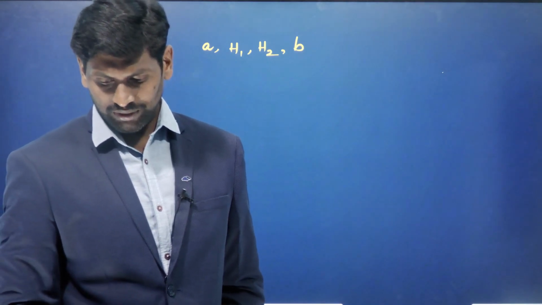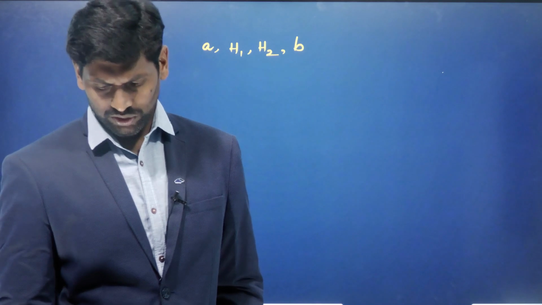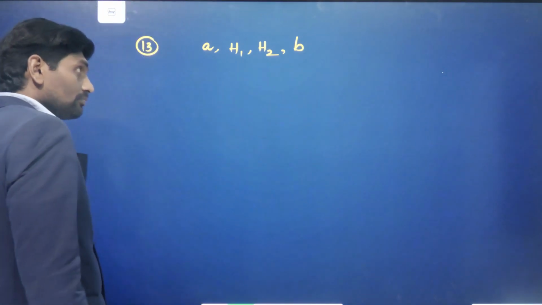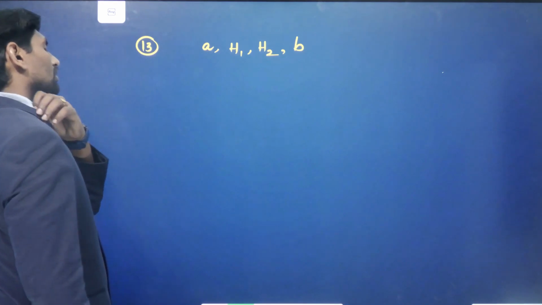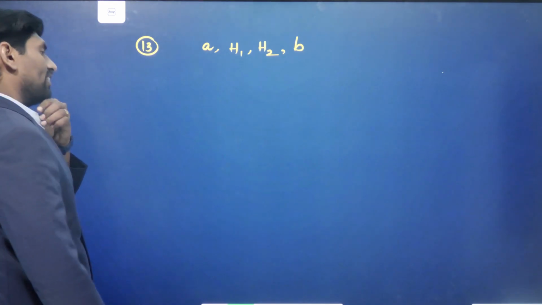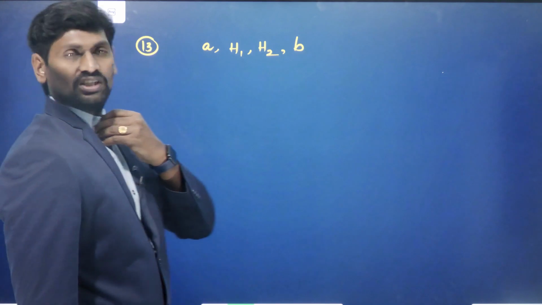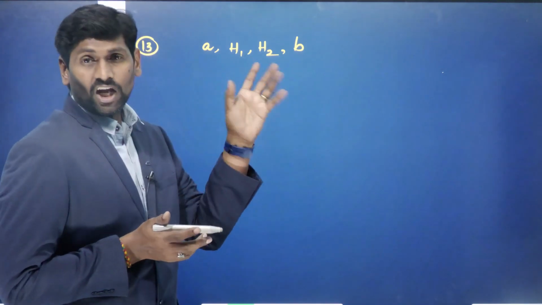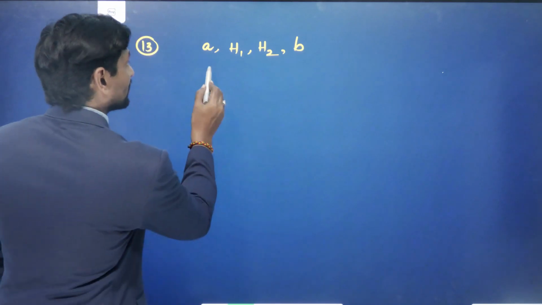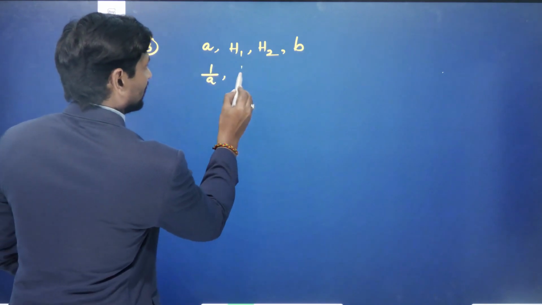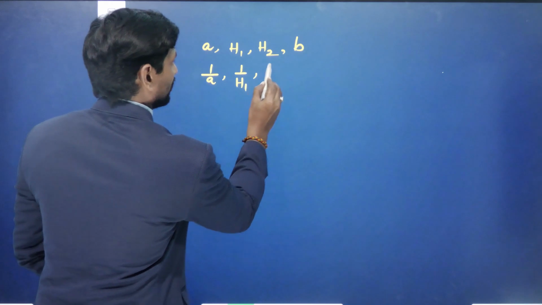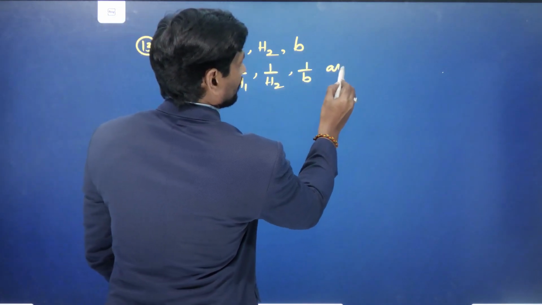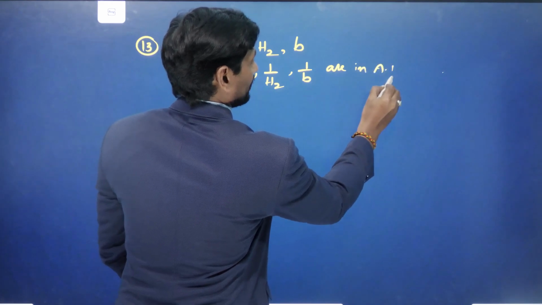Between A and B, we should find the value of (H1 plus H2) by H1 H2. So let us try to find the values. If they are in harmonic progression, their reciprocals are in arithmetic progression, right? 1 by A, 1 by H1, 1 by H2, 1 by B are in arithmetic progression.